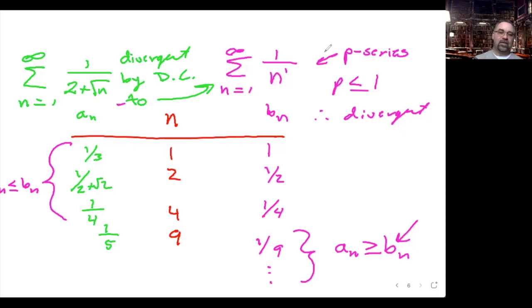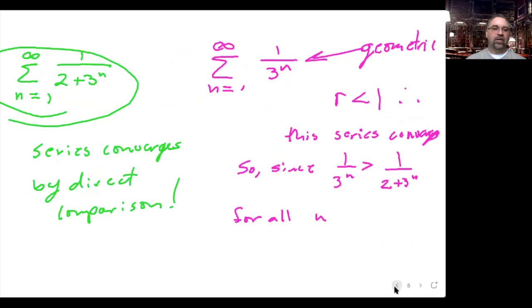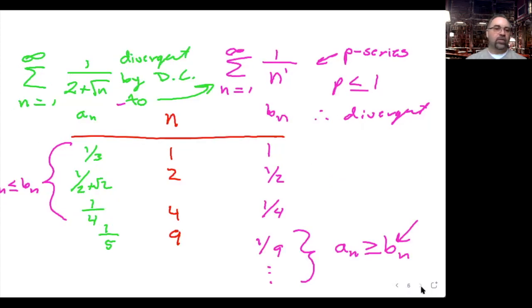So there's a couple of examples there of using direct comparison, once with a convergent geometric series and once with a divergent p series to prove the convergence or divergence behavior of our original series. So what you're going to compare to is sometimes not obvious, but sometimes it is obvious, like in these ones, and direct comparison works really, really well.